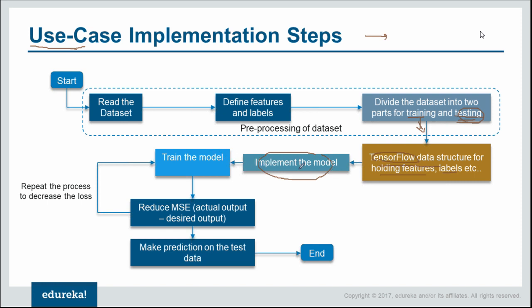And then after implementing the model, initially we will decide how many layers. In the last few slides we saw there were some number of layers, right? So we will decide how many layers, as well as how many neurons in each layer. Once this neural system is decided, we will send our training data set to it, and then the model will start learning, right?